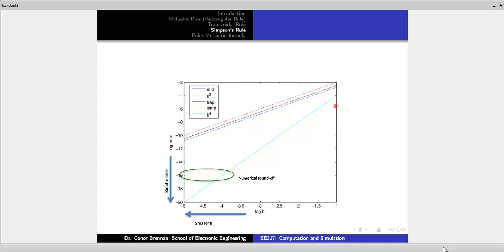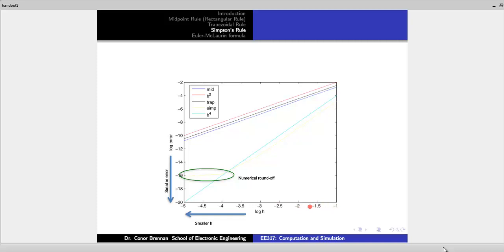Simpson's rule is in yellow; you can't really see it very well, but it's in your notes. It is tracking this light blue curve, which is h to the 4 on a log scale. It gets smaller much more rapidly as h gets smaller, and the error drops much more rapidly.